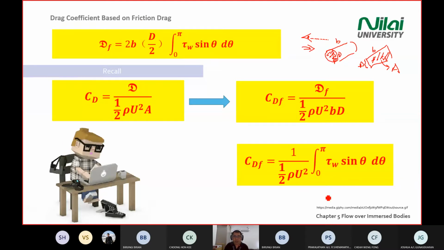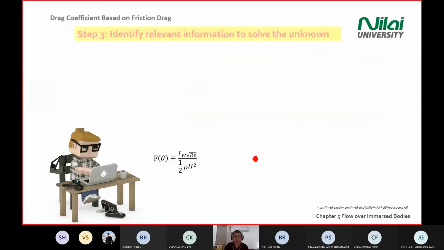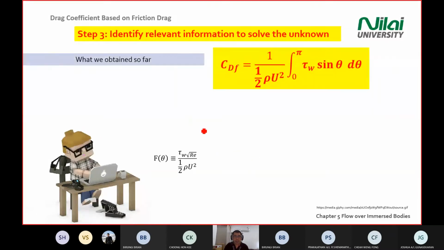We substitute this inside: dF equals tau sine theta d theta. We cancel out the B and D because we have BD here, and this is what we obtain.